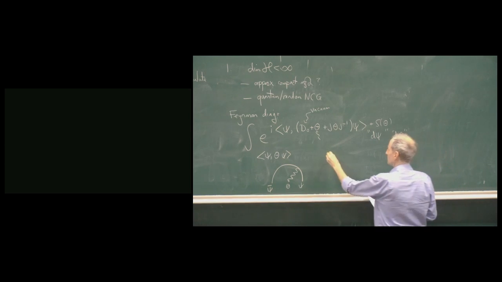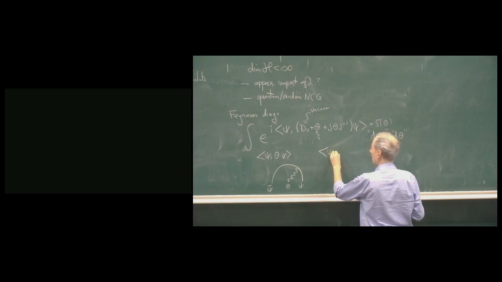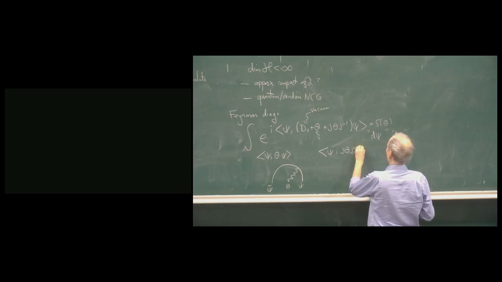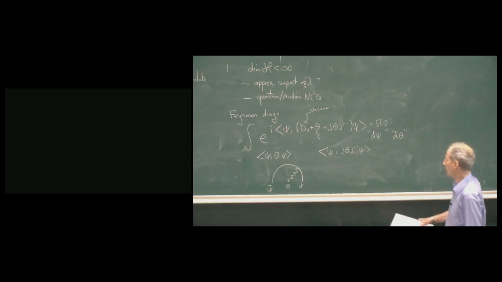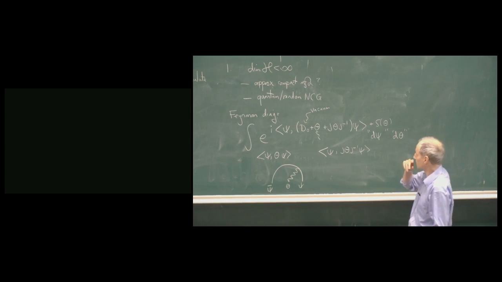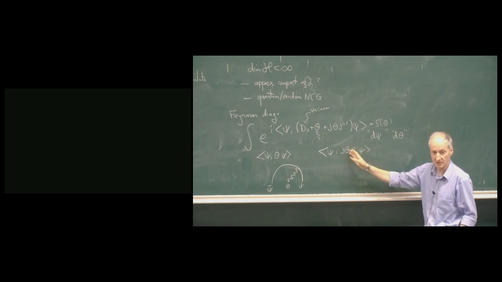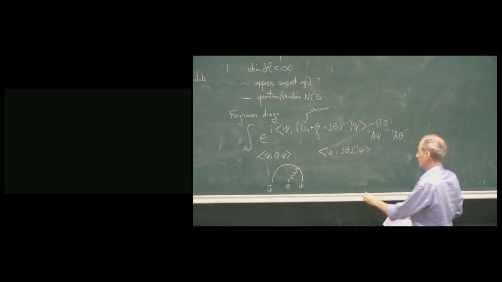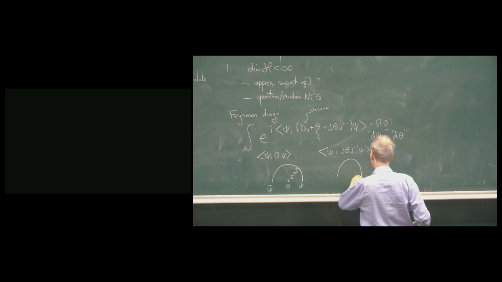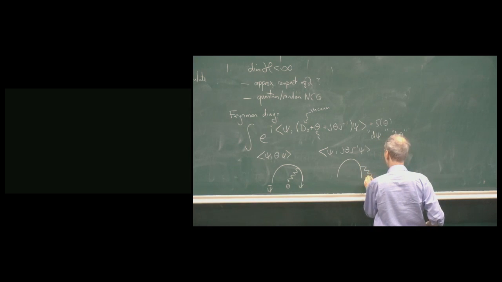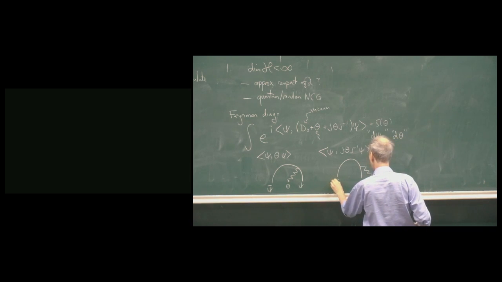And the other interaction term, like this, the way to think about this is that this sort of acts on the left, and this thing here, because J flips left to right, this acts on the right. So you would end up drawing a diagram like this, where this thing has acted here like this, perhaps.